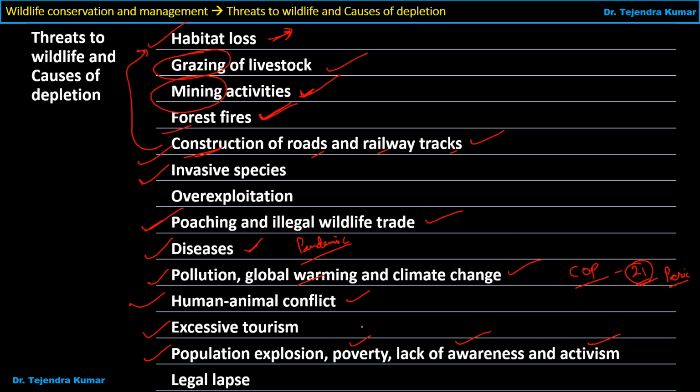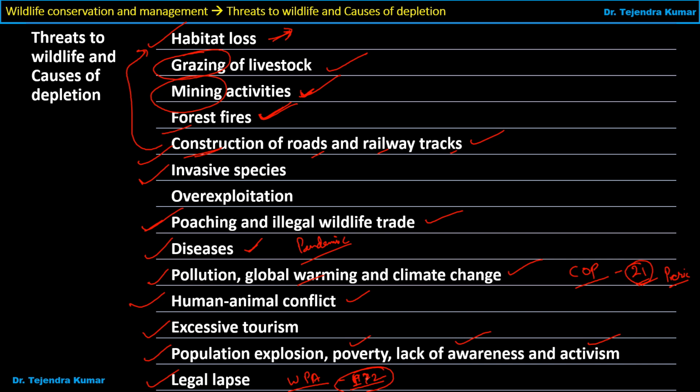And last but not least, legal lapse. Though governments are making rules and acts for saving wildlife, likewise, from an Indian perspective, we can see the WPA, Wildlife Protection Act, 1972, and it has been amended many times. But how many times is it regulated completely?